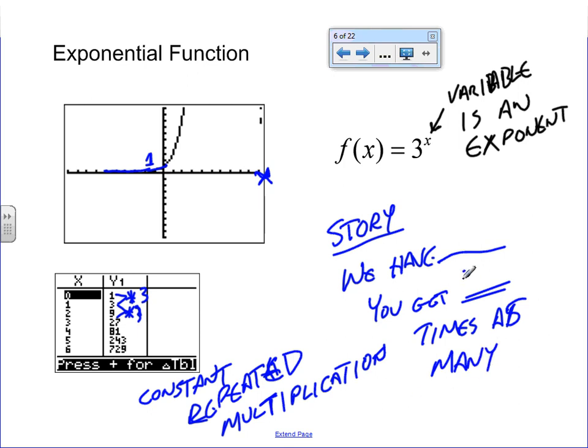So sometimes the words that we look for are like doubles, triples. So you have 2 pieces of bubble gum, and every day you get twice as many as you had the day before. Or you have money in the bank, and the bank for some reason is giving you triple the amount every time, or something along those lines. So it's that constant repeated multiplication. That's the story form for these.